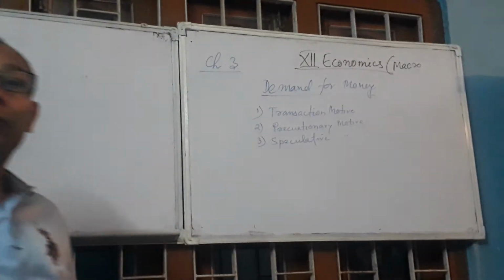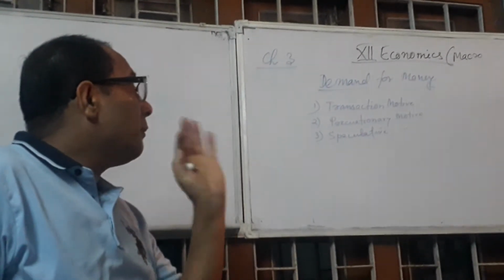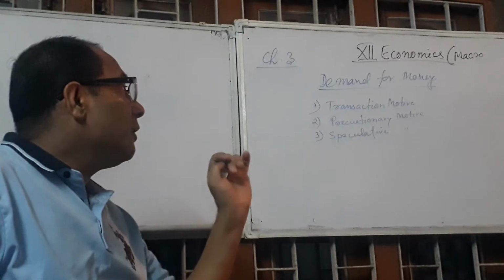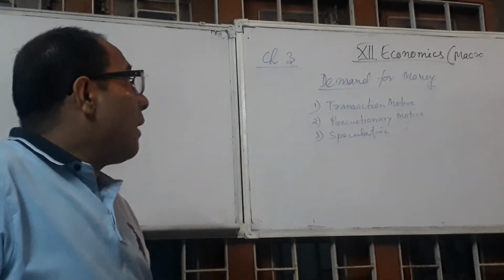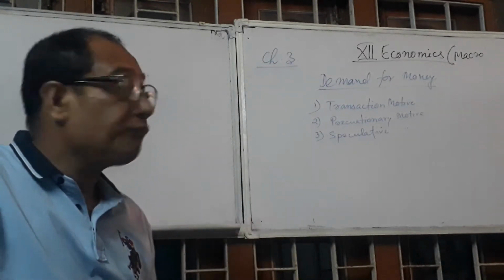So you have understood, people demand money for these three motives. Now I would like to tell you the meaning of each one by one, because you have to write it in the exam.